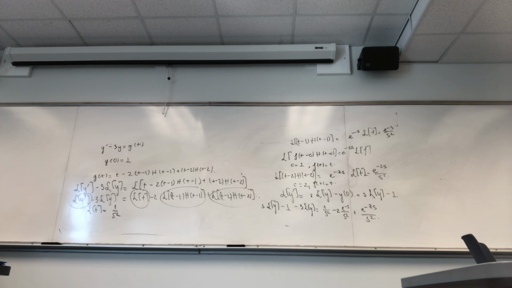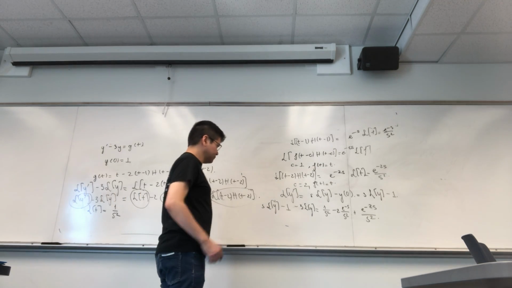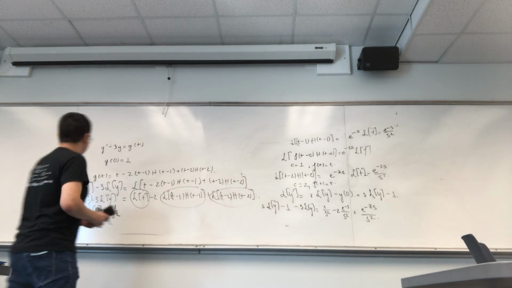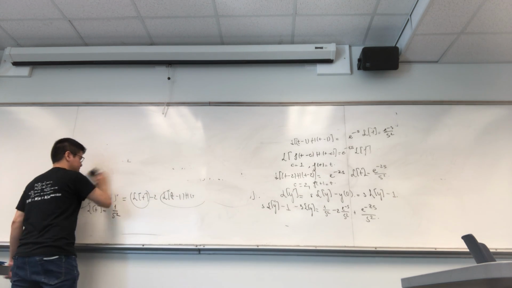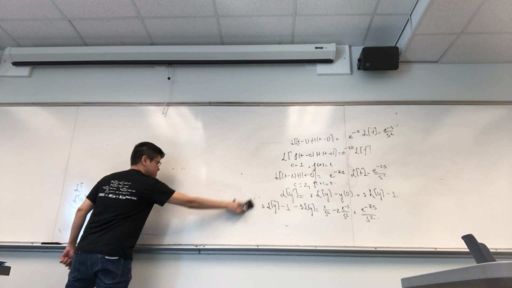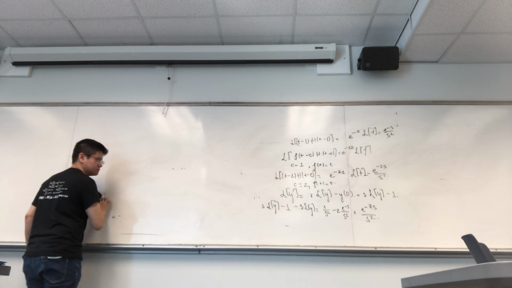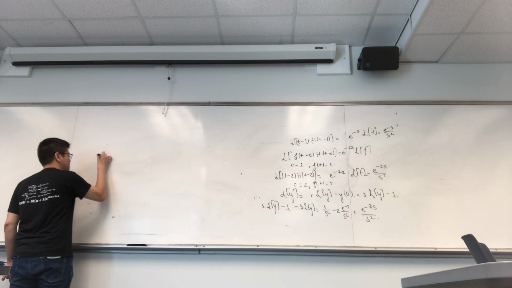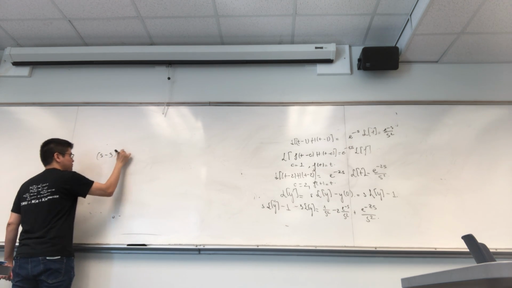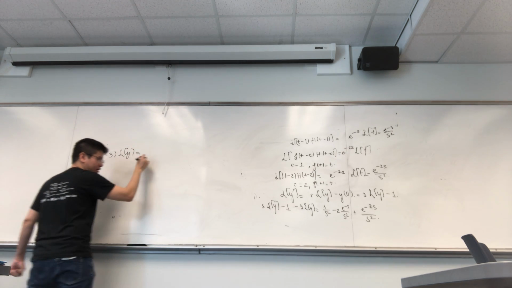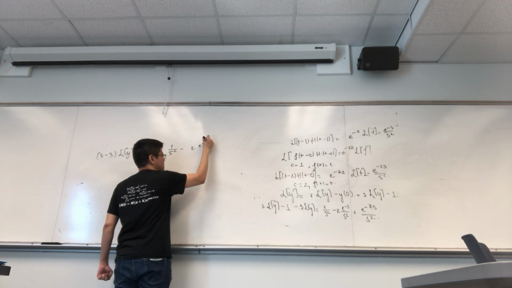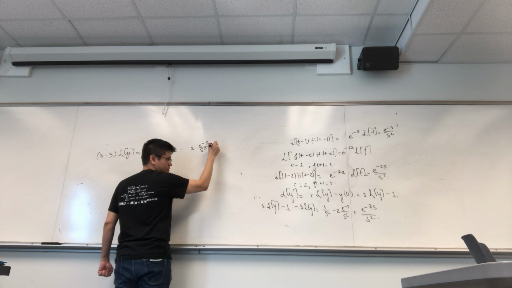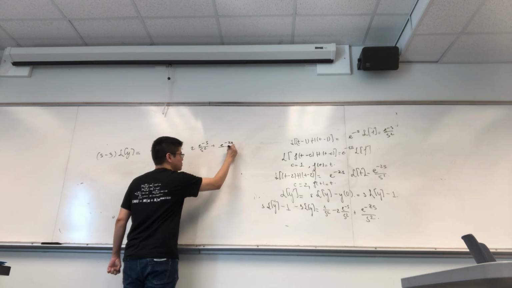Well, we'll group the like terms on the left side of the equation and factor out the Laplace transform and move the 1 to the other side. So in this case, you're going to group everything, right? So you have s minus 3 times the Laplace transform of y is going to be 1 plus 1 over s squared minus 2 times e to the power minus s over s squared plus e to the power minus 2s over s squared.